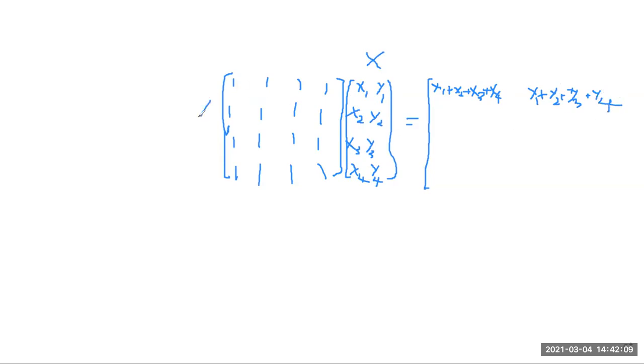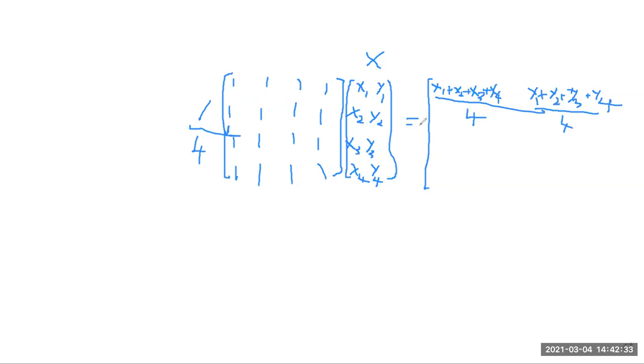And when I do 1 over 4, n equals 4 in this case, I have 4 points. So what do I get? I'll multiply every element by 1 over 4. So this becomes 1 over 4. This becomes 1 over 4.